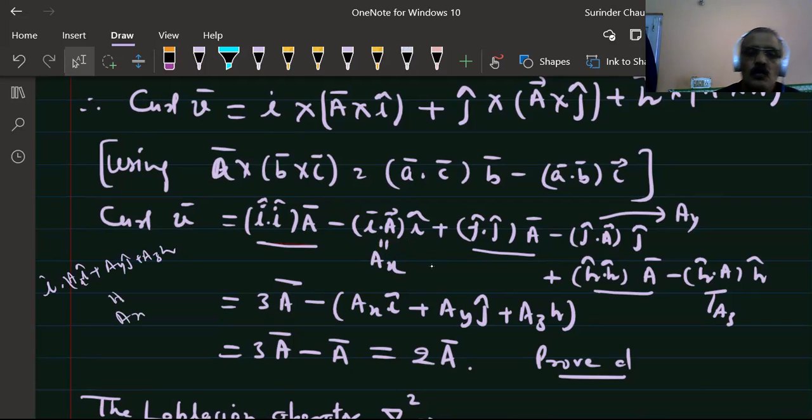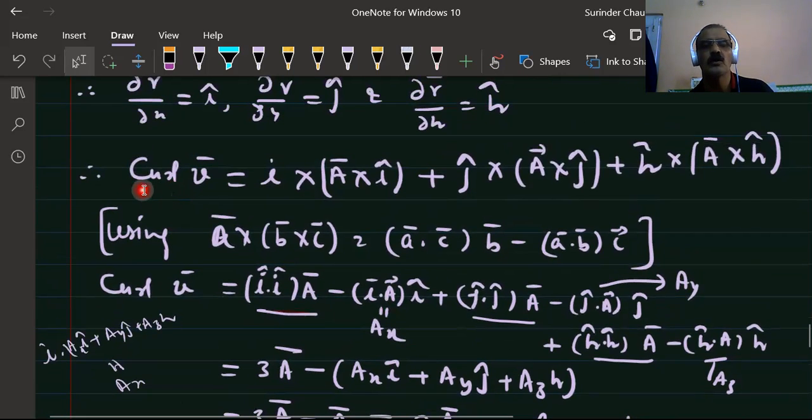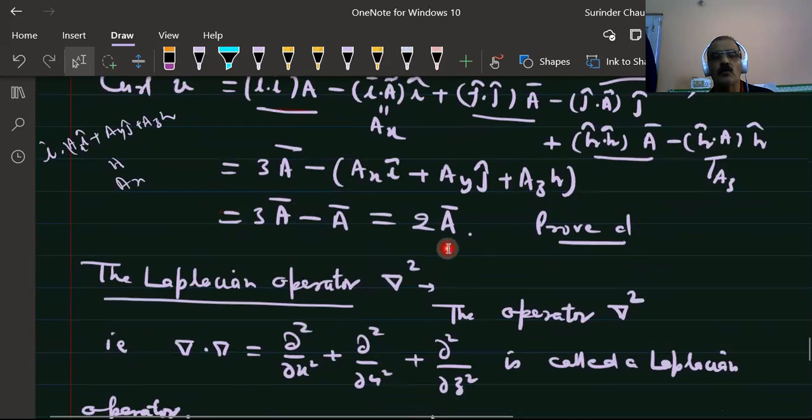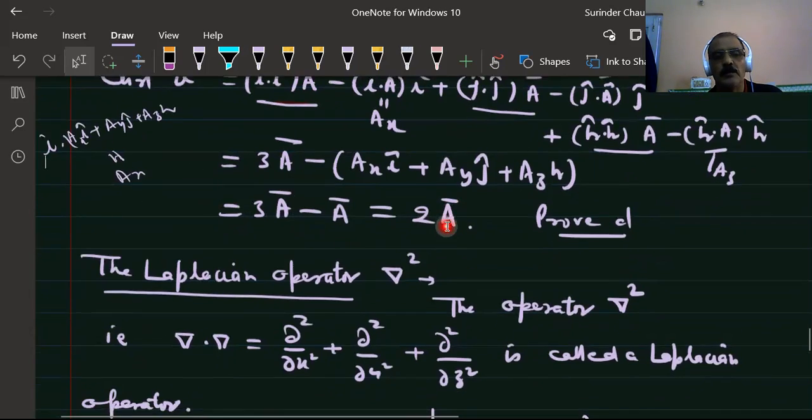Similarly, j·ω is ωy and k·ω is ωz, and this becomes ω. So we get 3ω minus ω, which is 2ω. So the curl of the velocity of a particle of a rigid body is twice the angular velocity.